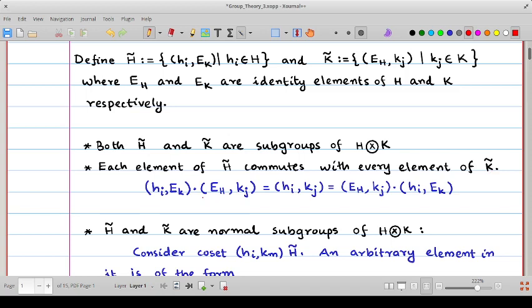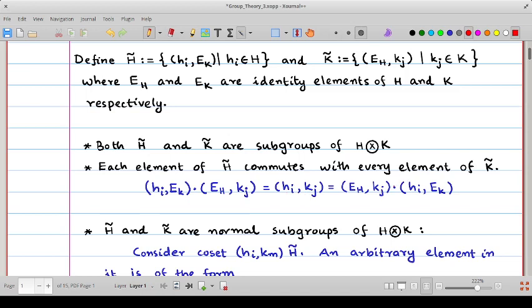Using this group composition law in the outer product group, we see that this is equal to the product of Hi with Eh, which is simply Hi, because Eh is the identity in group H. So the first element is simply Hi, and the second element is the product of Ek with Kj, but Ek times Kj is Kj because Ek is the identity in group K. So the product of these two elements is simply Hi comma Kj.